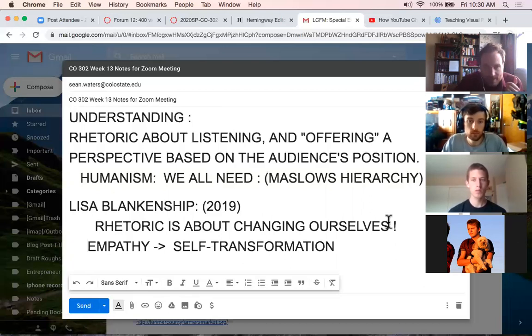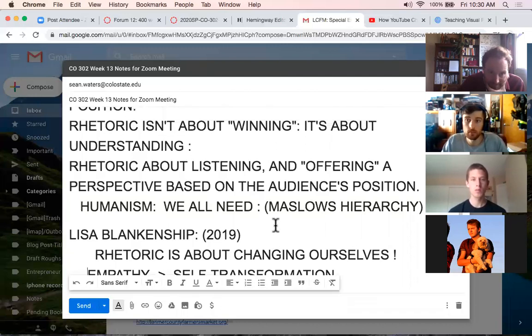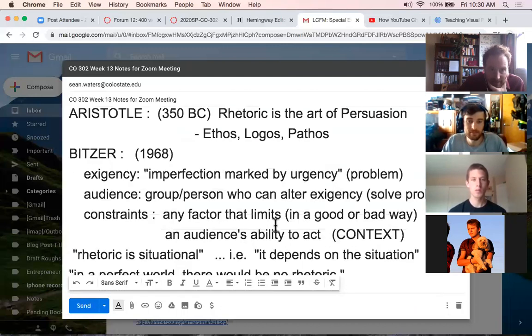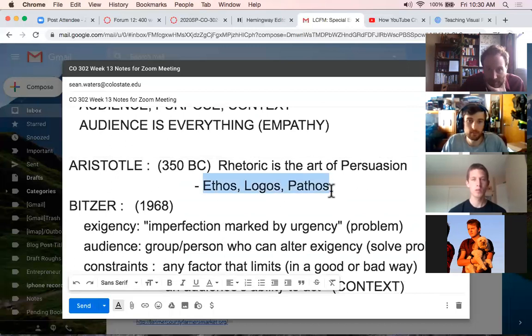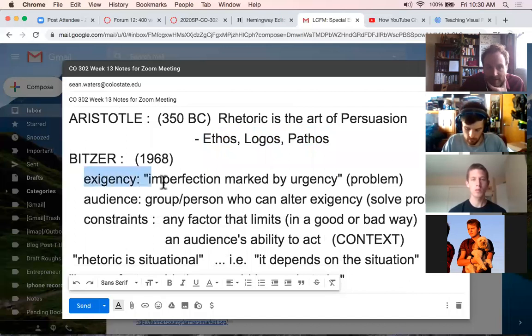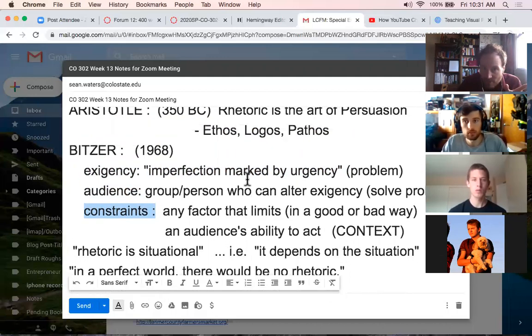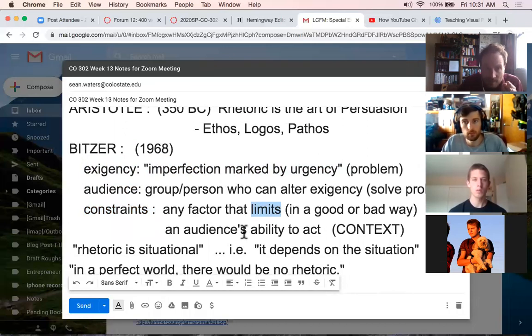Okay, so this is like a near graduate course in rhetorical theory and understanding how Aristotle's original idea of ethos, logos, and pathos gets transferred into this more fine-tuned idea that there's imperfections and audiences that can do something about those imperfections, and that to argue effectively, we have to understand the audience's constraints to make sure that we use our ethos, pathos, and logos to convince them to act in a certain way, understanding their real limitations to act.